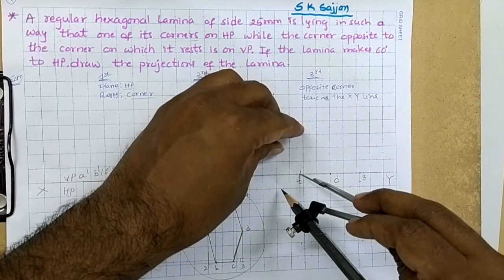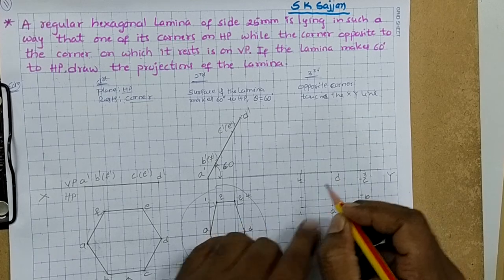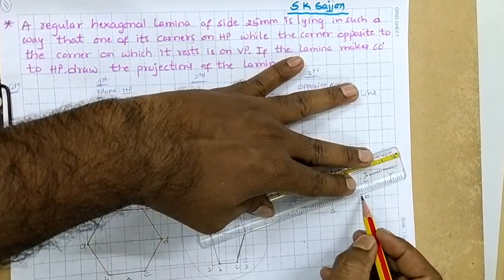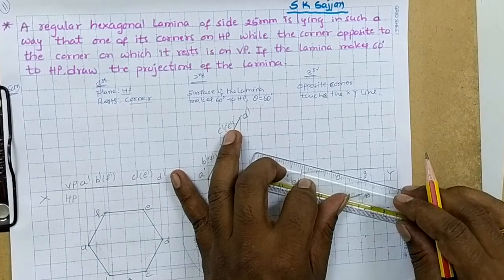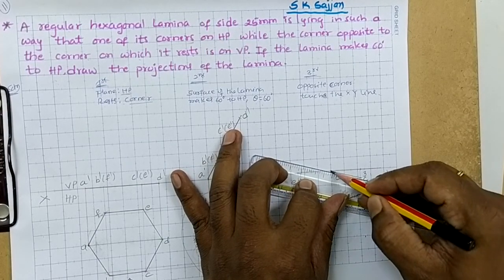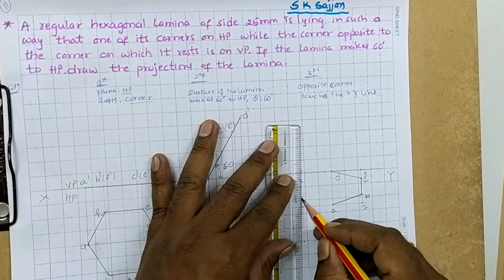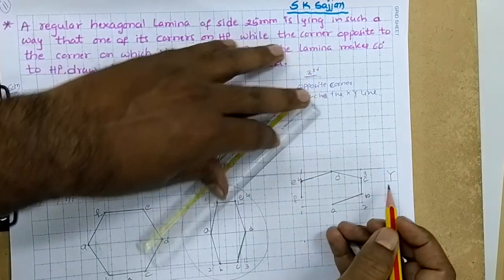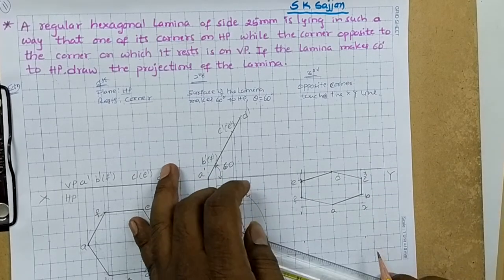Okay, F, A B C D E F. Okay, now I mark all the points, just to join all the points. Okay, this is the third top view.